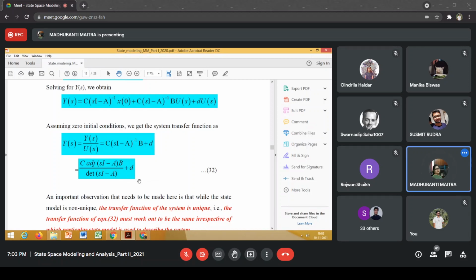Or in other words, determinant (sI minus A) equal to 0 will be one nth order equation, and that is the characteristic equation of the system having a system matrix A. Agree? Yes or no?